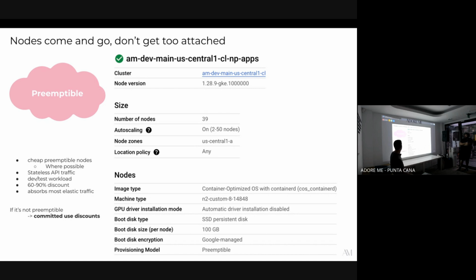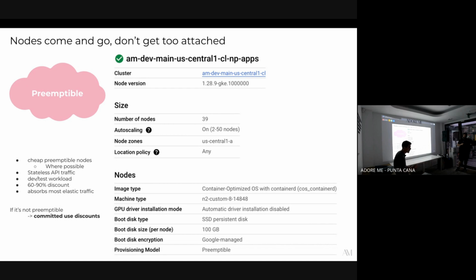Okay, so another thing that we did to scale down the costs was to use preemptible instances. If you're not familiar, preemptible instances are not guaranteed, and they can restart at any moment, and they are prone to multiple restarts, and you might not be able to provision preemptible VMs at certain points, like in the period of Black Friday, for example.